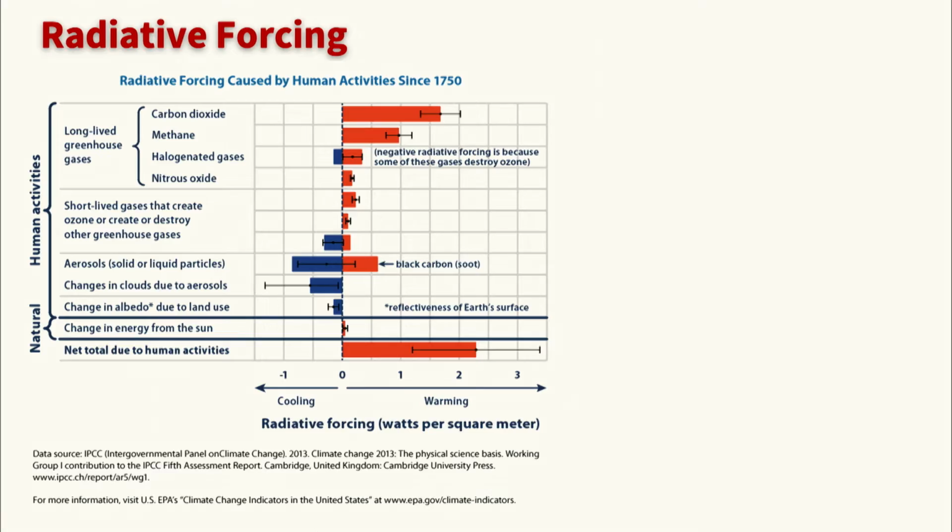This is the radiative forcing curve. As you can see, carbon dioxide is the largest radiative forcing, and methane is the second most important. But frankly, it's about half or slightly more than half of the radiative forcing of CO2.